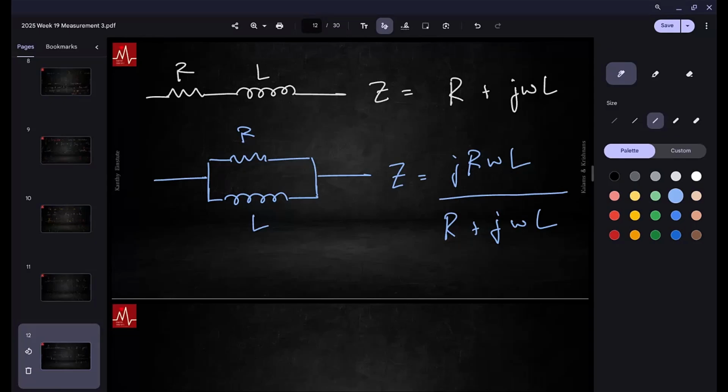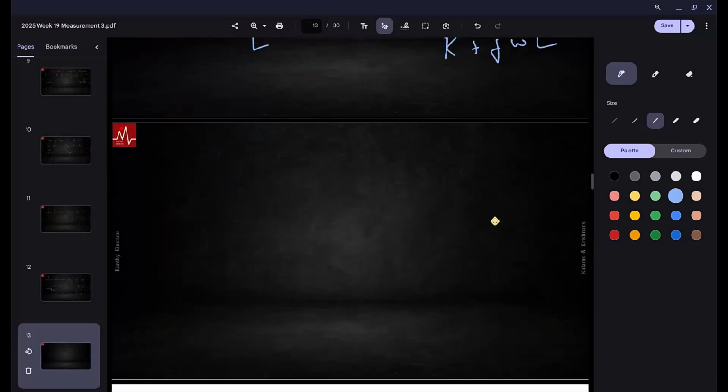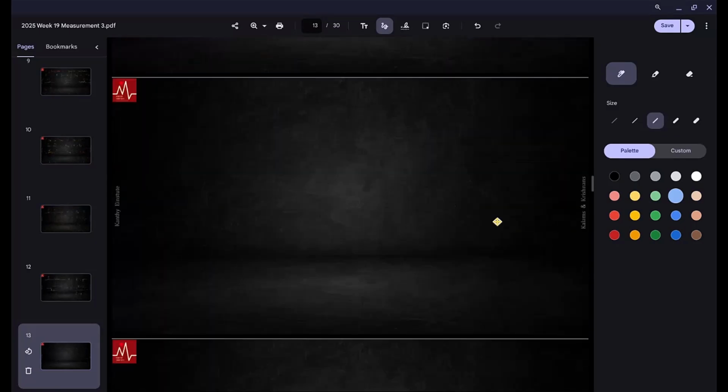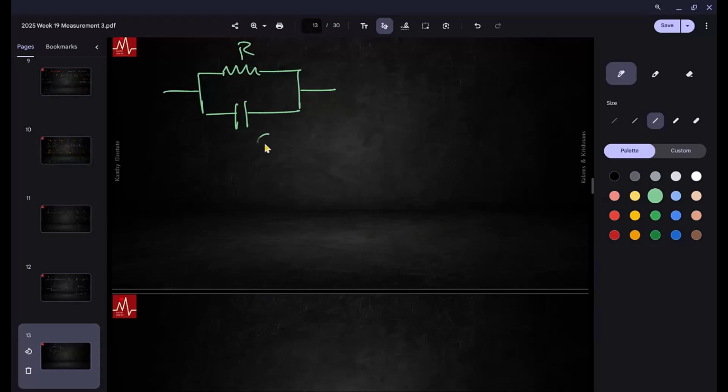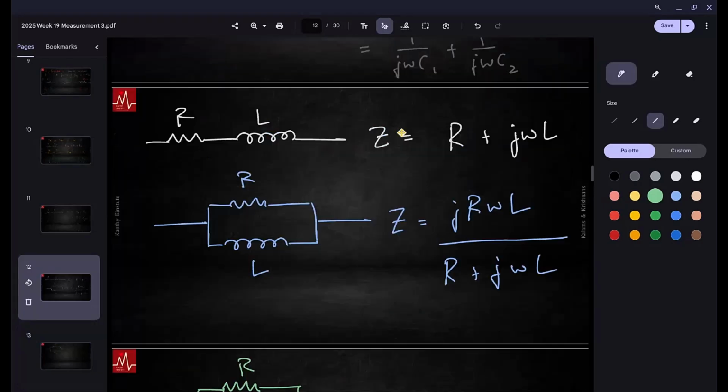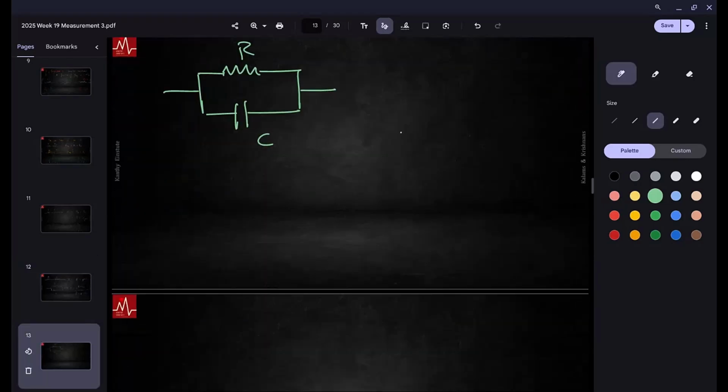Most of you are comfortable with this, right? Two more. We did that capacitance. What is the impedance of this? So series parallel inductance, series parallel capacitance.